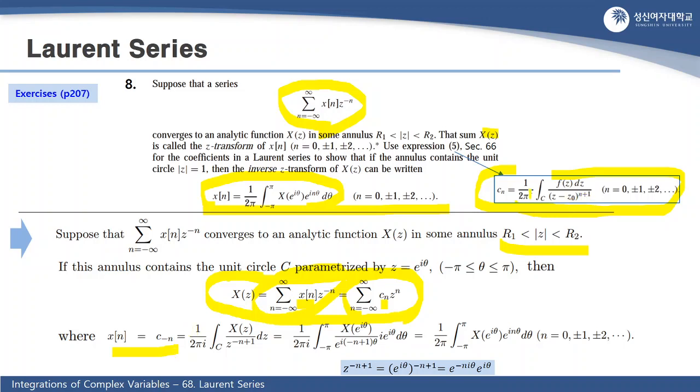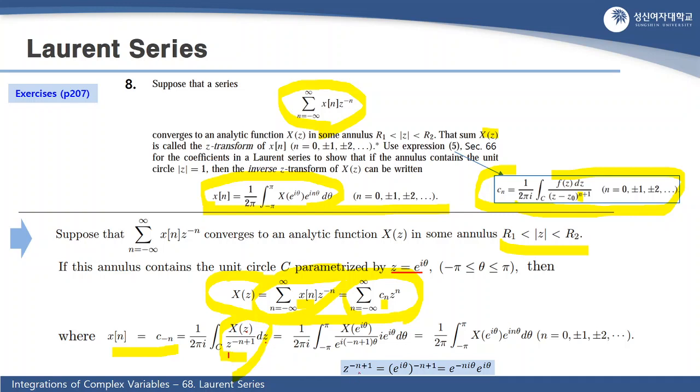So if n is replaced by negative n, then we get this. Because we consider the unit circle C parameterized by g equals e to the i zeta, we plug in this form in this and this and this.